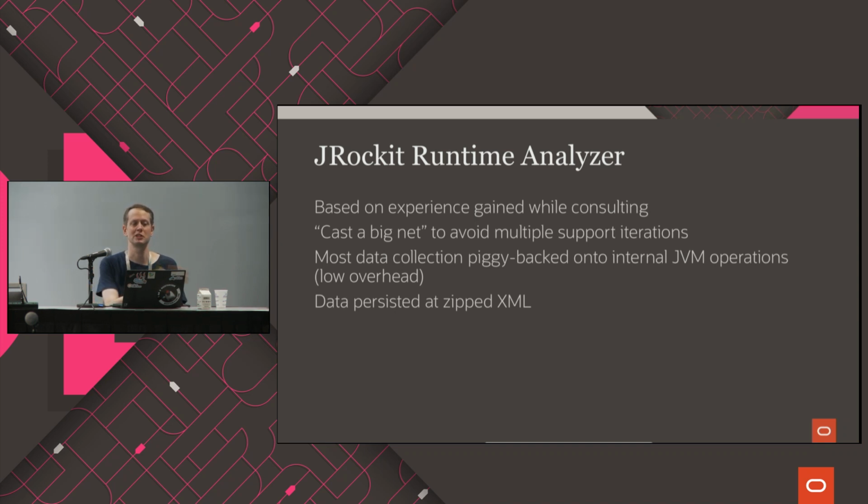Instead of using many individual tools that each get little pieces of information, you collect a whole bunch of information from all the different subsystems of the JVM and look at it as one solid thing. Nine times out of ten, you can find the direction your investigation should be going. That cuts down on the number of iterations you have to do with a customer, because if you start off with a recording, nine times out of ten you'll at least have a clue of what's going on overall.